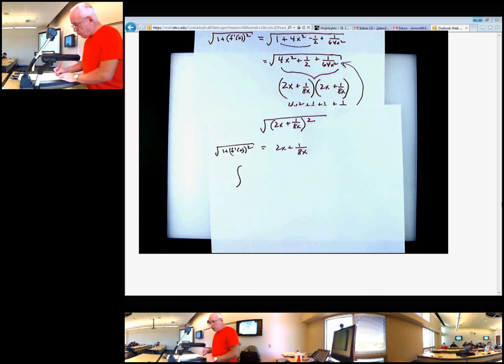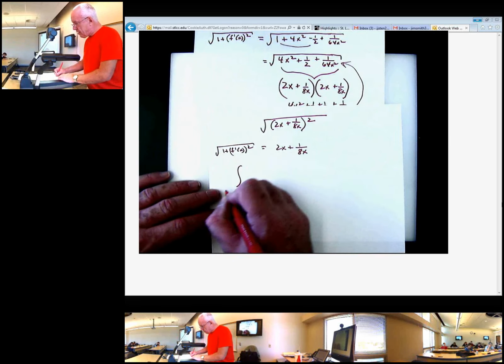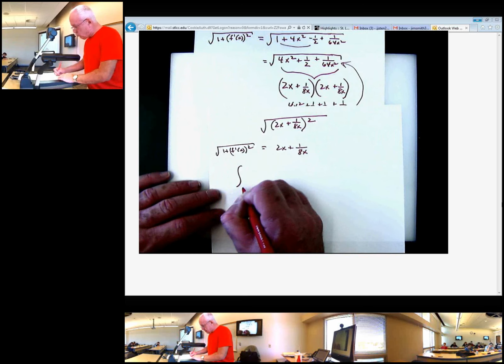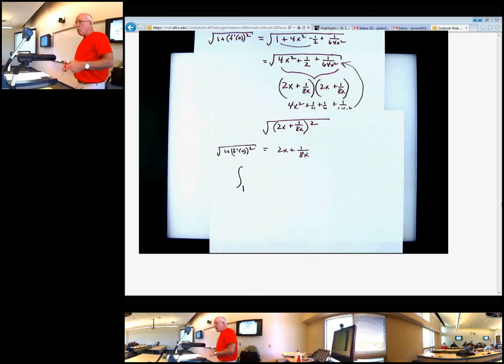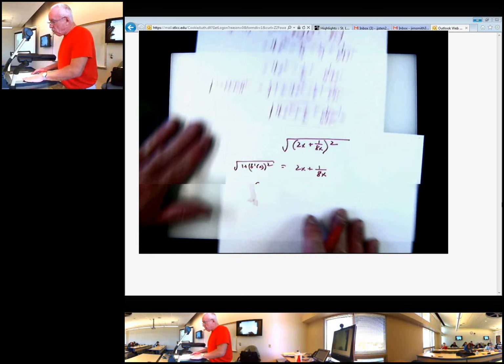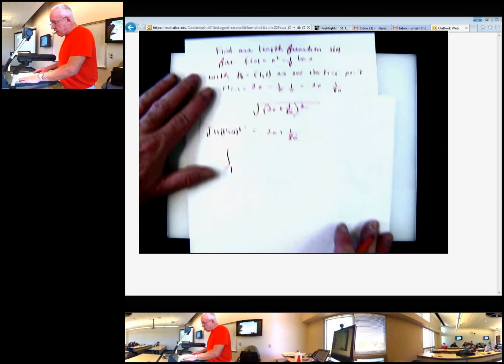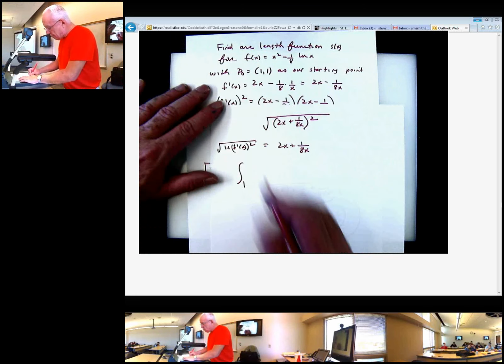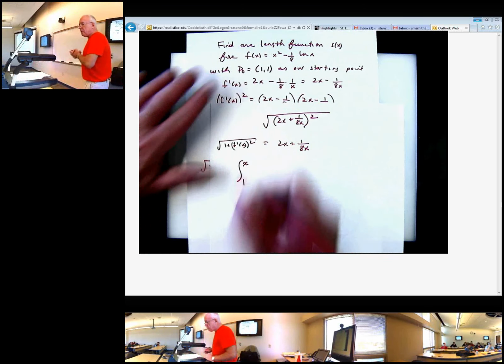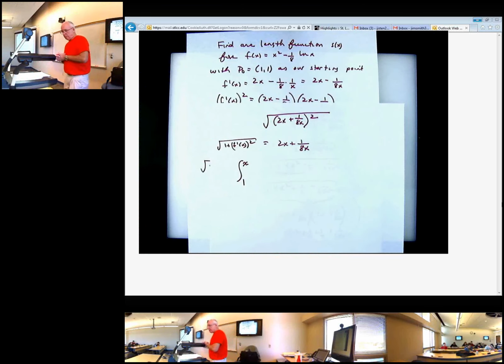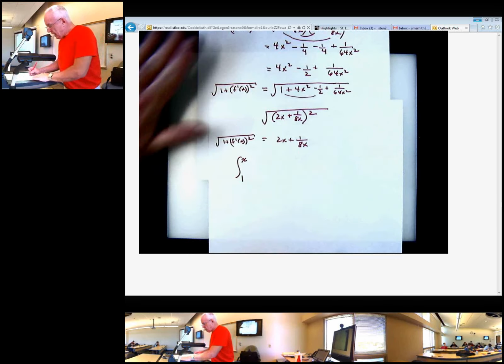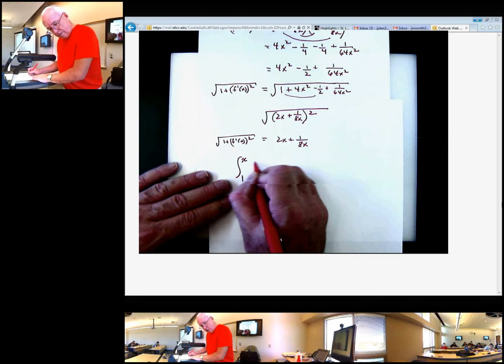So we go from x equals 1. Now remember, we're doing an arc length function, so our top value is just going to be the variable x. And then we have our derivative here.